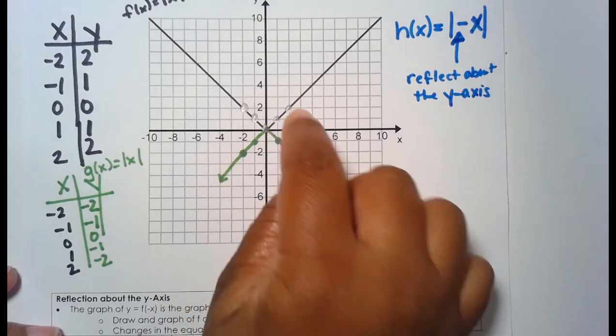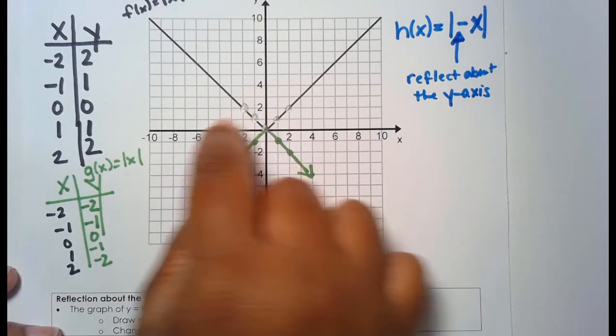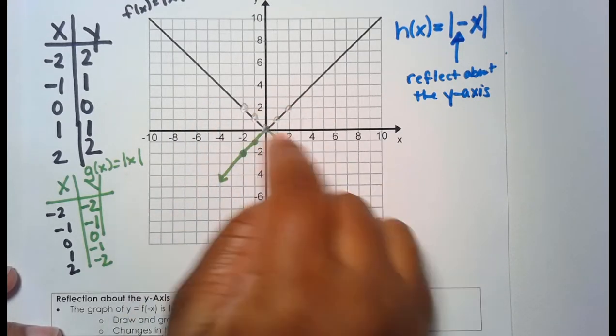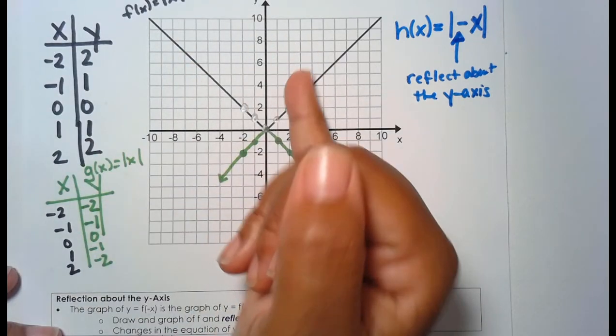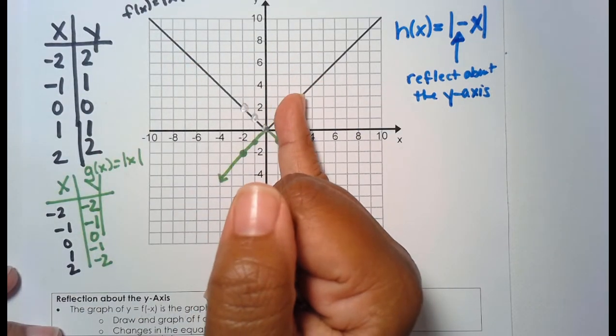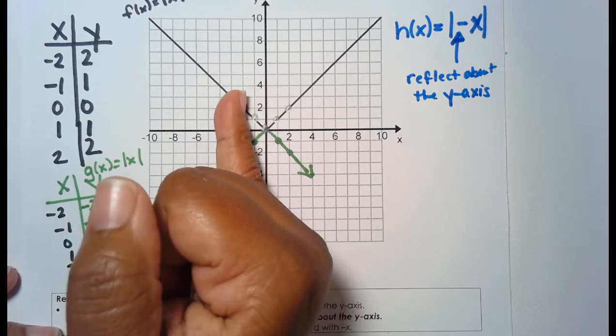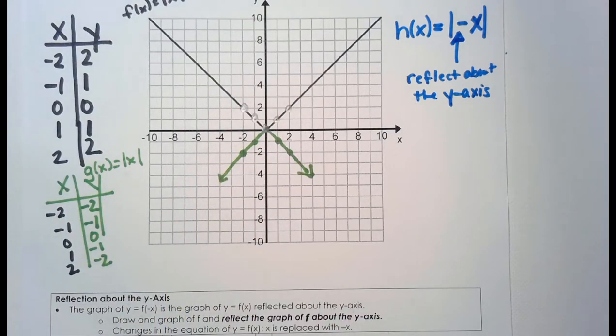So these are going to flip-flop. They're going to switch. You're going to reflect, meaning what was on the right-hand side is on the left-hand side. The points on the left-hand side are going to be on the right-hand side.